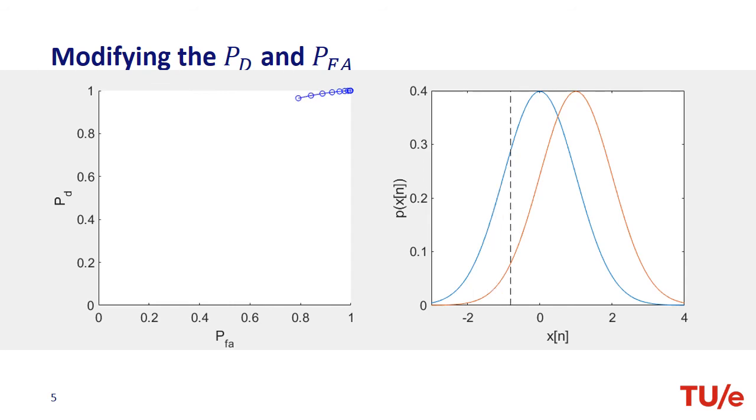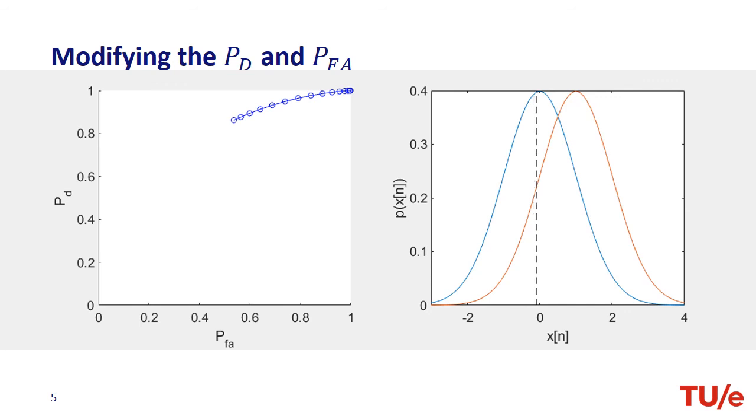Here we have an animated figure that shows how the probability of detection and false alarm changes as the threshold changes. This type of plot, which depicts the relation between the probability of detection and probability of false alarm, is called the receiver operating characteristic. A big name for a modest curve, eh?